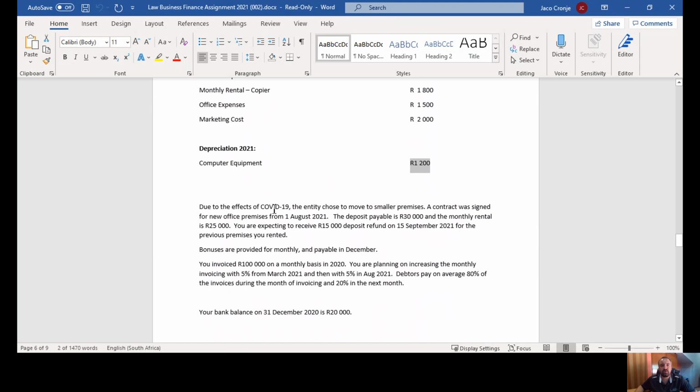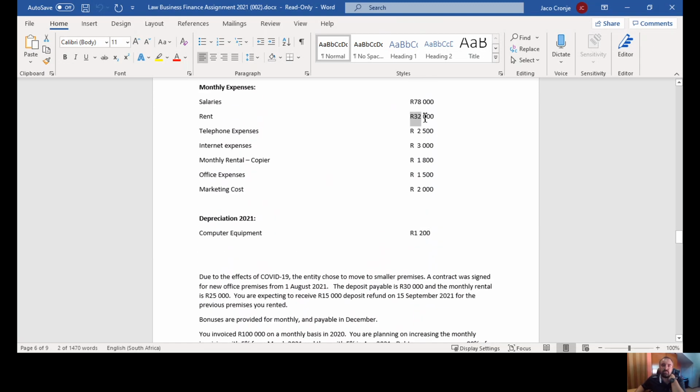Due to the effects of COVID-19, the entity chose to move to a smaller premises. A contract was signed for new office premises from 1 August 2021. Okay, so that means that this rent year will be applicable until July.